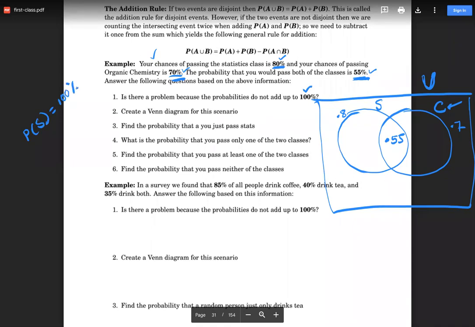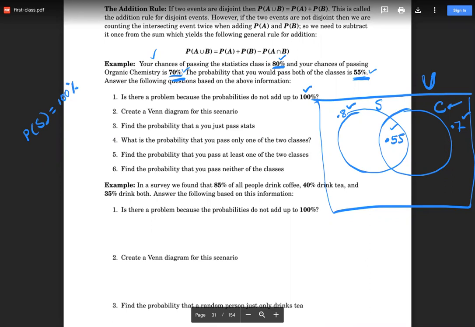Now here we see that it's not adding up to 100%. Is there a problem? The answer is no. Why? Because of this overlap. Look, the overlap is 0.55 or 55%. You counted it twice, once with this one, once with this one.